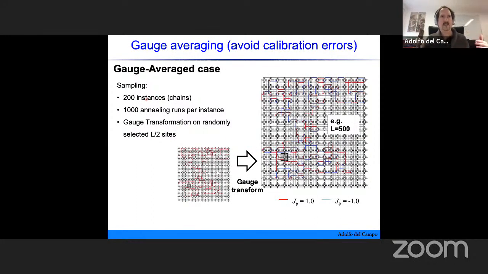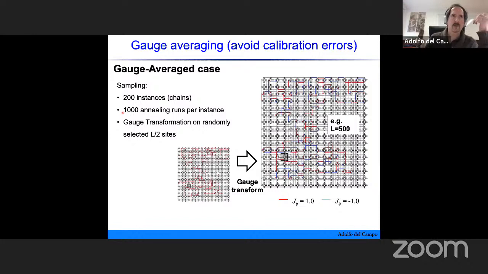What we did was essentially to gauge away any effect of potential errors of faulty qubits. So we embedded a chain in 200 different ways in this connectivity matrix of the system. For each of the 200 embeddings, we ran 1,000 quenches and collected the statistics.